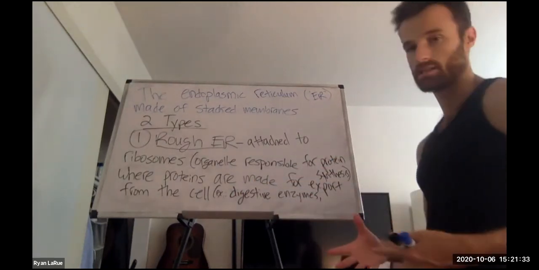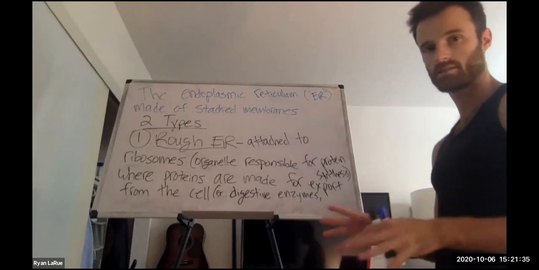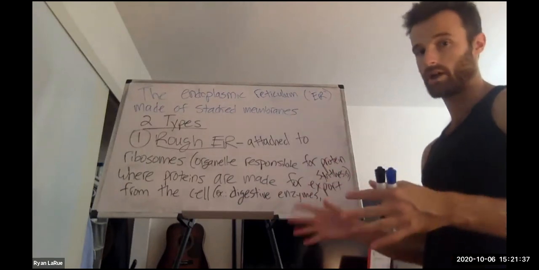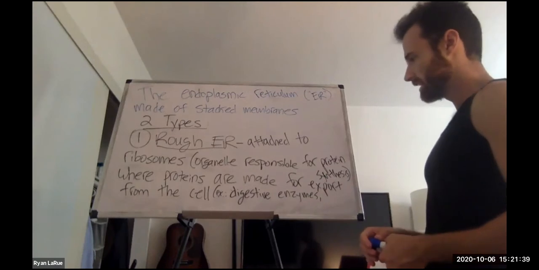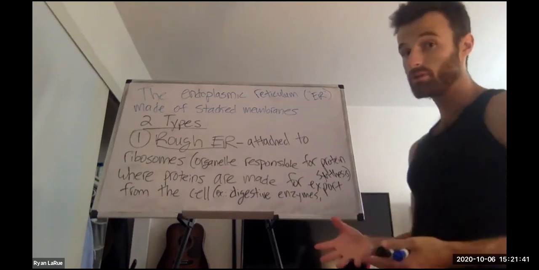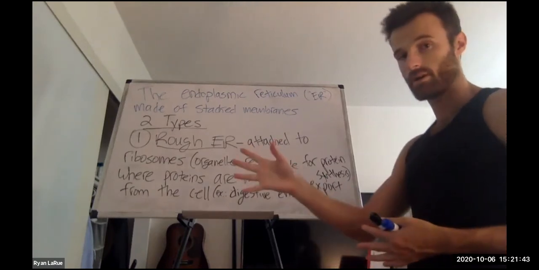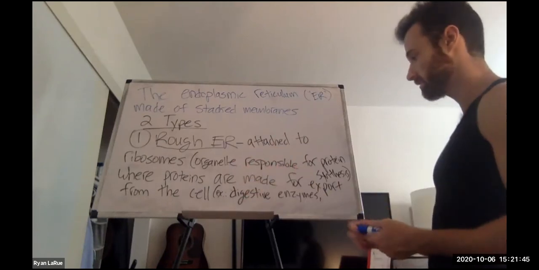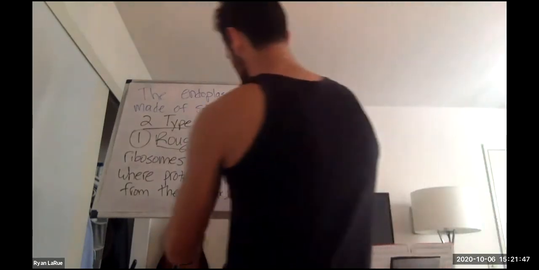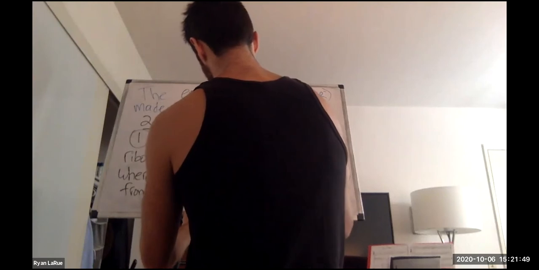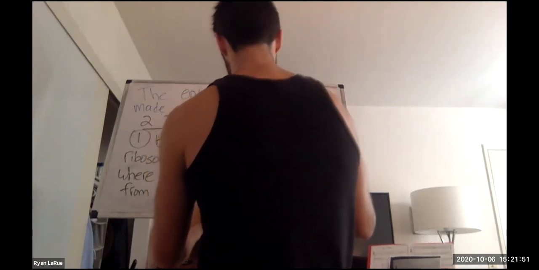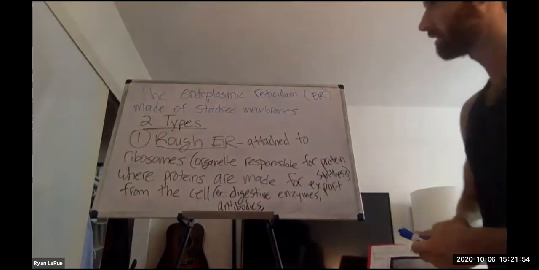They synthesize antibodies all day long against infectious agents like viruses and bacteria. And those antibodies are proteins that are exported from the B cells. So we could write antibodies. Again, this is all going to be made at our rough ER.